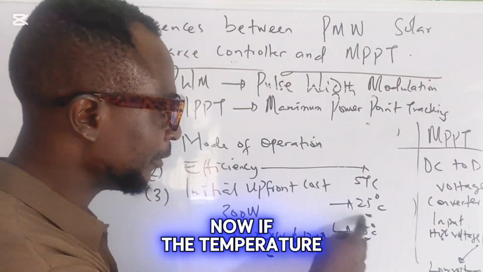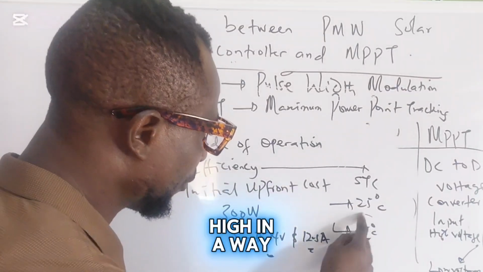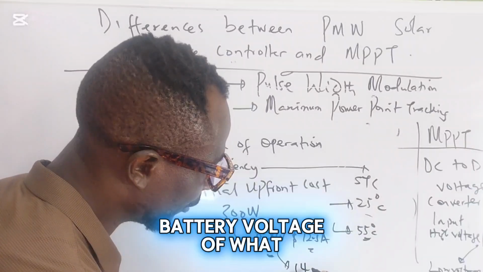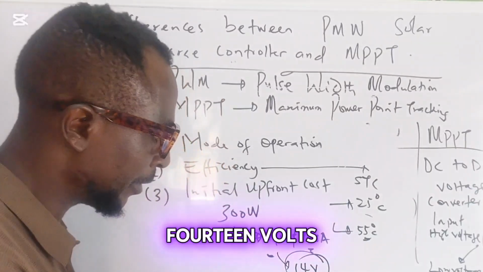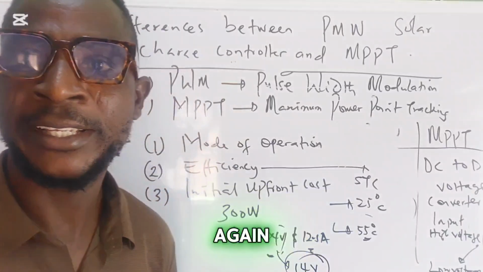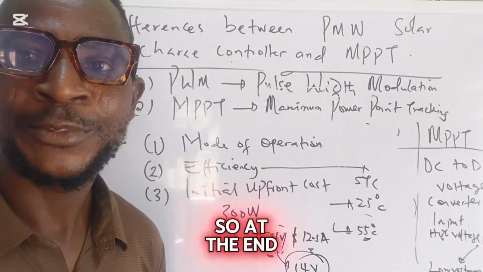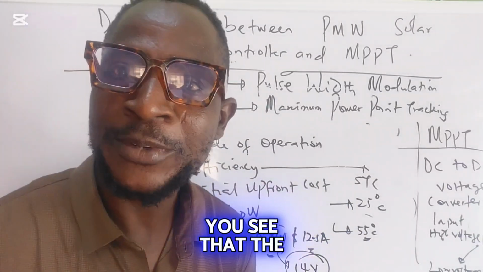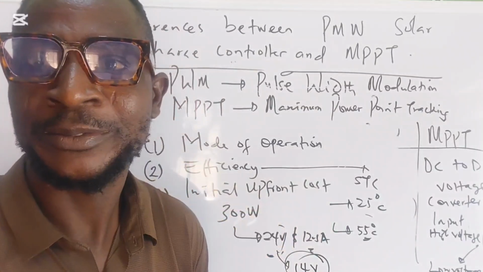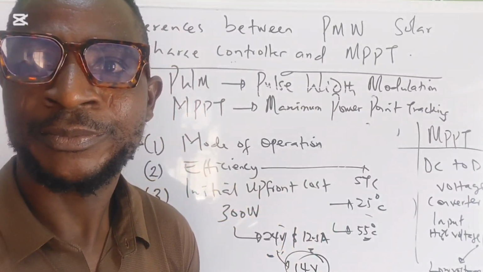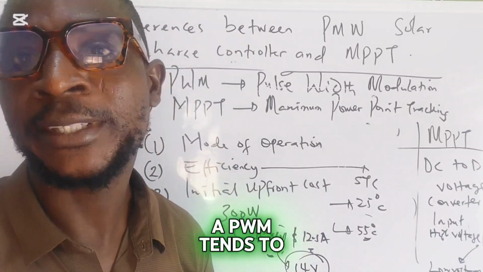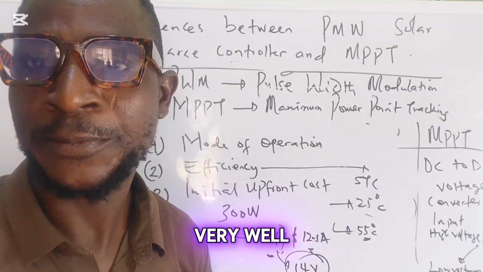Now, if the temperature is very high in a way that this 24 volt is close to the battery voltage of 14 volt, MPPT does not have much to convert again. So at the end, the difference in efficiency will not be much. That's why we say in hot weather, the PWM tends to perform very well.